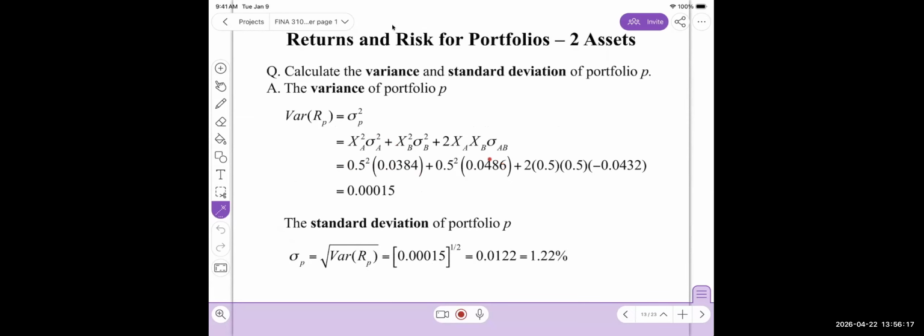We had a variable A, sorry. So variable A or stock A has an expected return of 6 with a standard deviation of 19.6. B had even greater standard deviation, but if we put them together, if we combine them, look at what happens to the standard deviation.